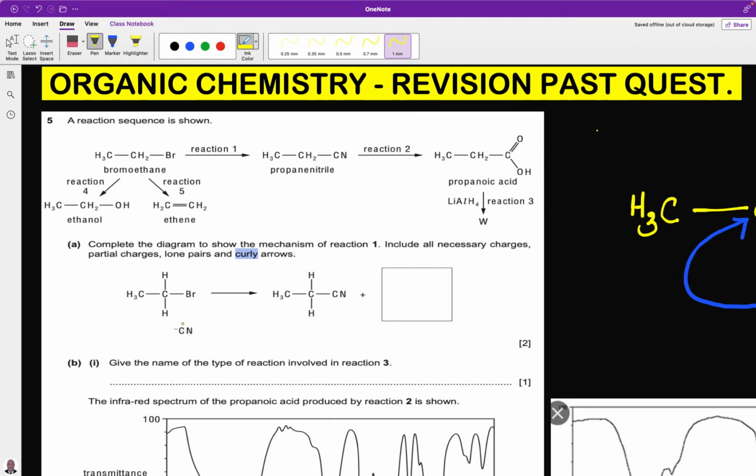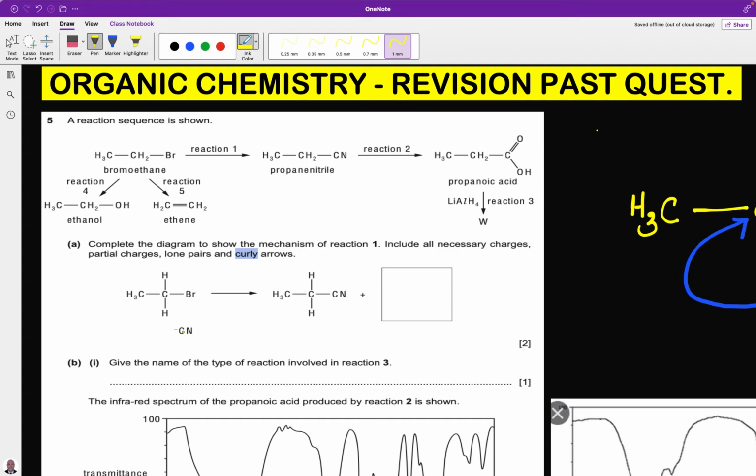The nucleophile approaches this bromoethane from the opposite side of bromine. It should also be remembered that the carbon-bromine bond is polar because of the difference in electronegativity. Carbon will now take a partial positive charge and bromine a partial negative charge.